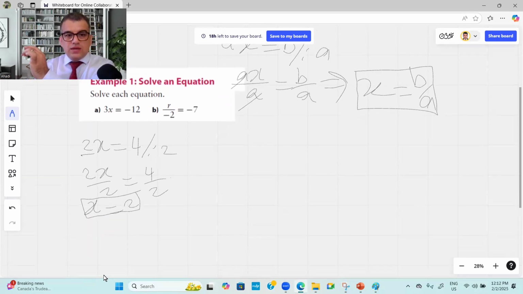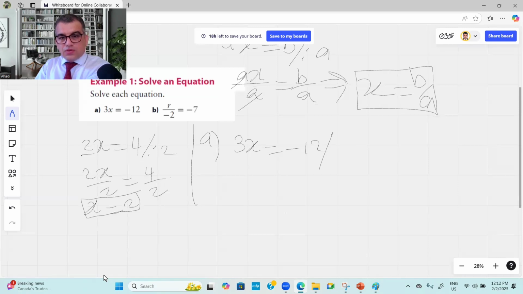Or we can solve these other examples. The next one is 3x is equal to minus 12. Again, we divide both sides by a. You know, a is equal to 3, so divide both sides by 3.